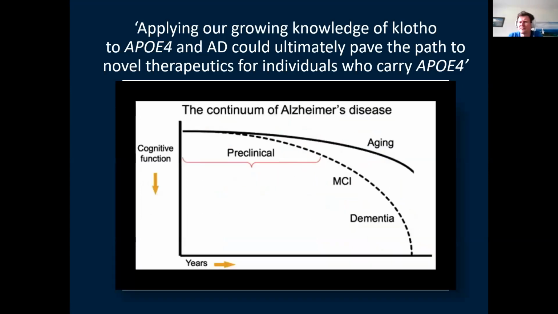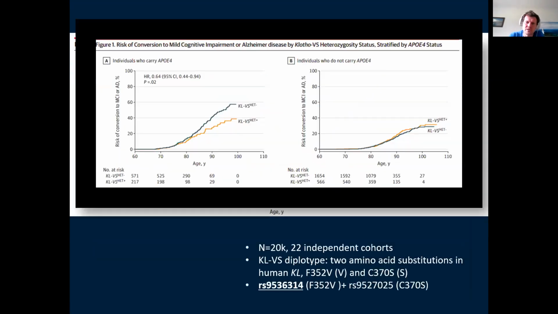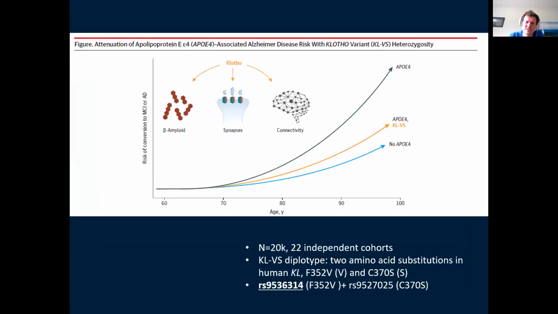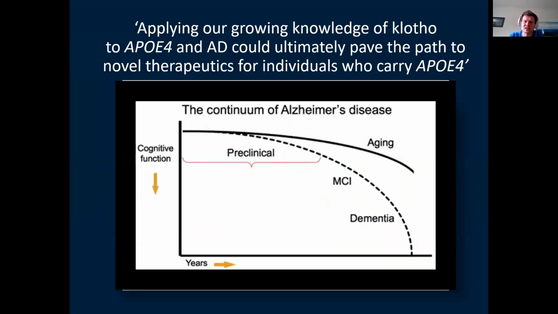Also, the fact that we don't find anything in UK Biobank, to some extent, if you go back to the Klotho figure, theoretically it should start to kick in around the age of 80, so 70 to 80, and its effects only become more pronounced. But that doesn't really reconcile with this push.